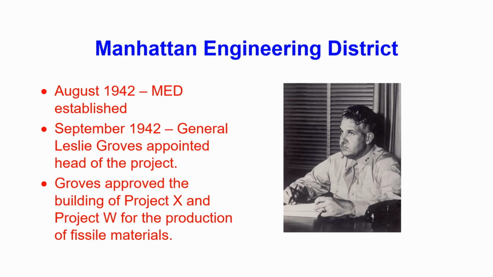And then in September of '42, Leslie Groves, who had just finished the construction of the Pentagon, was appointed as the leader of this, and he was then promoted to general, and he was also someone who did not wait around to do things.